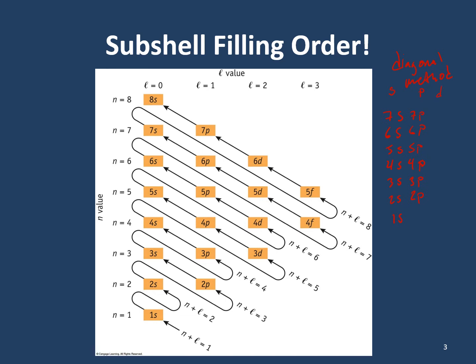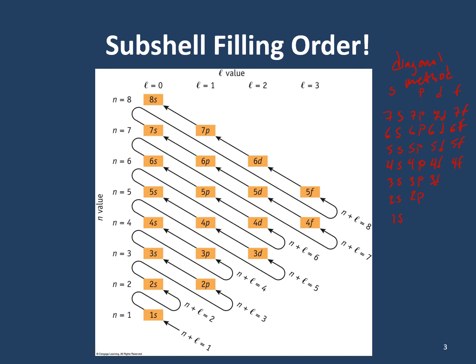Then I do this for d and f as well. D starts at energy level 3, because that's the first energy level with d orbitals, then 4d, 5d, 6d, and 7d. The first time we have f orbitals is 4f, then 5f, 6f, and 7f.